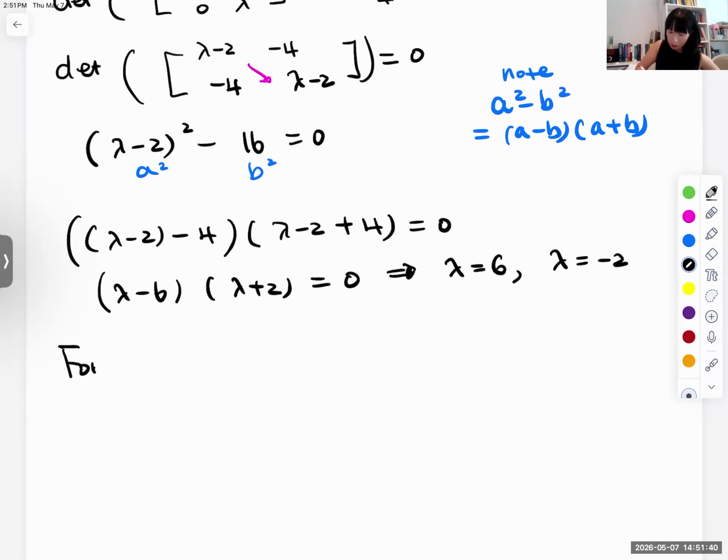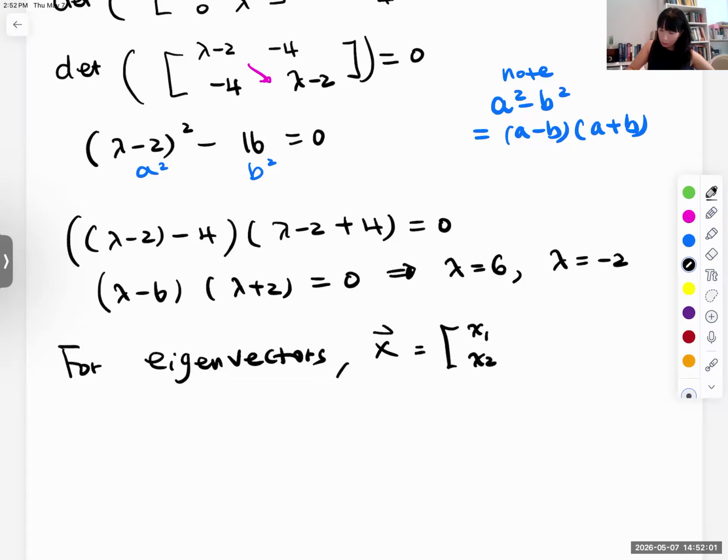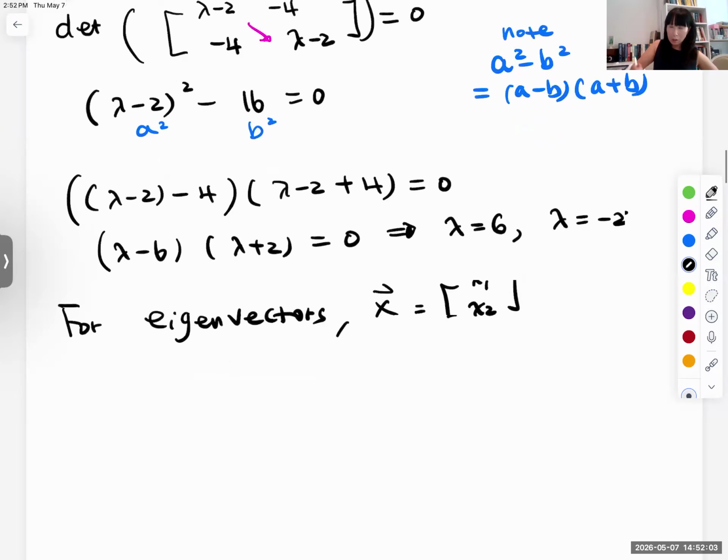So for eigenvectors, we have x, that will be x of 1, x of 2. All right.